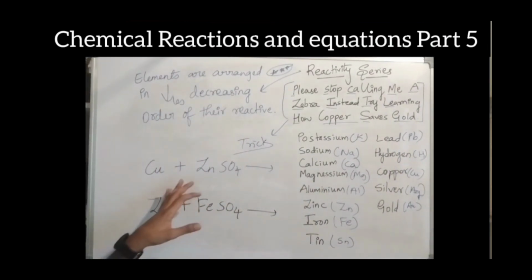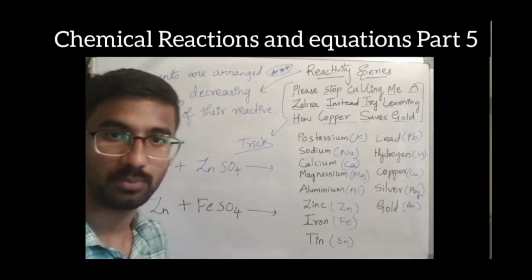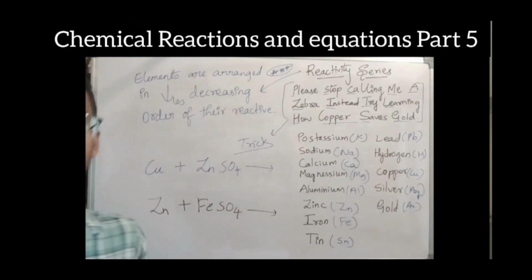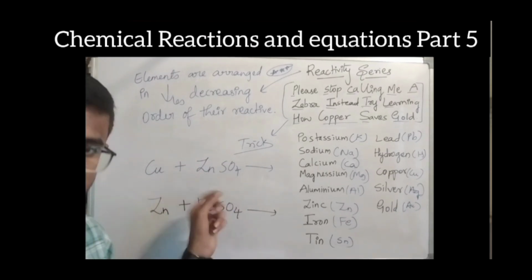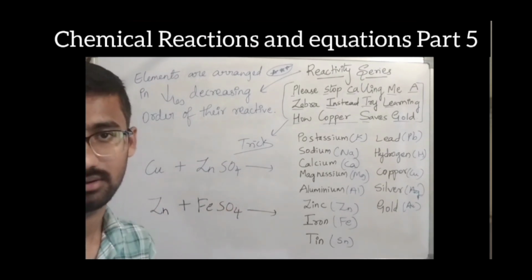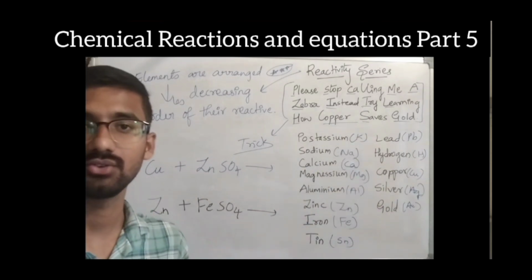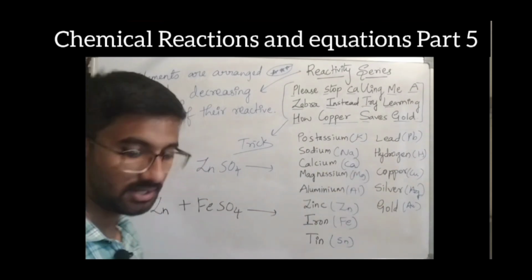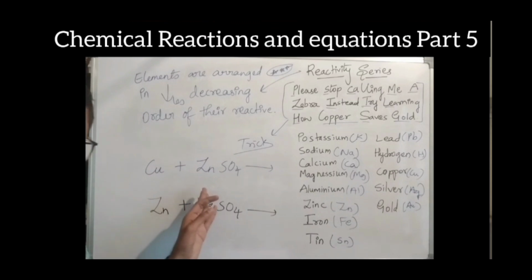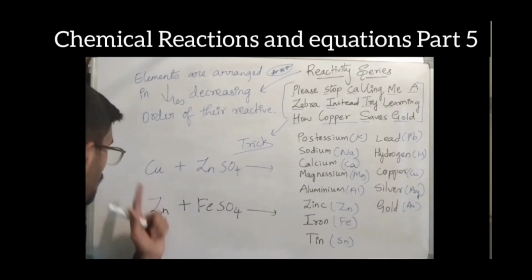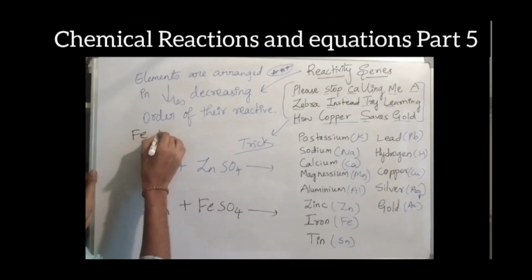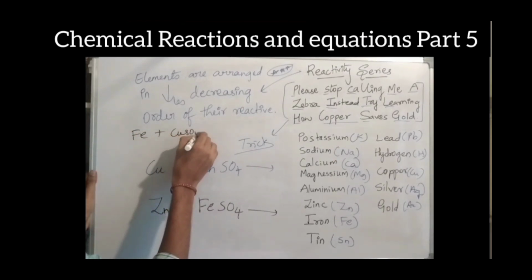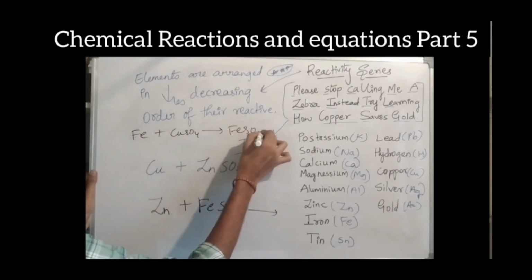Whenever a reaction is given to you, if it is a displacement reaction, you should see the reactants and the first element of the first or second reactant, then look at the reactivity series and write the product. Now let us write products by seeing reactants. First example: Fe plus CuSO4 gives FeSO4.